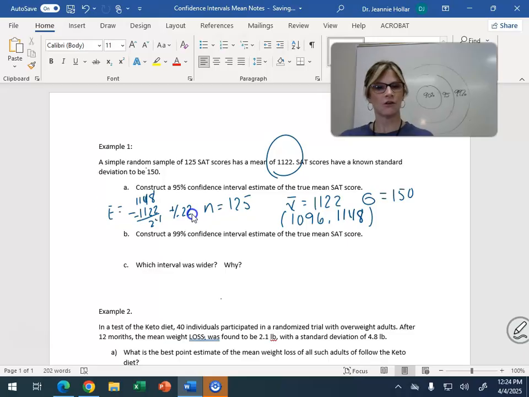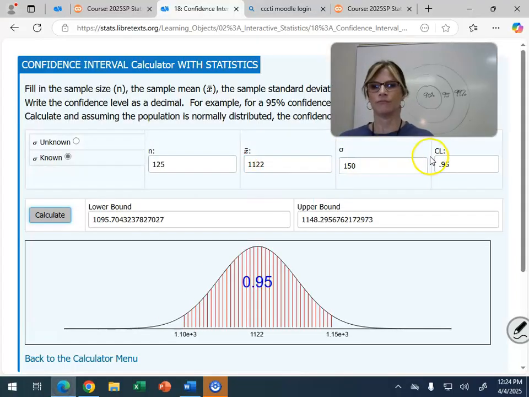Okay, let's talk about constructing a 99% interval. Leave all your data in your calculator, go back. Just change this to a 99. Let's see what happens.